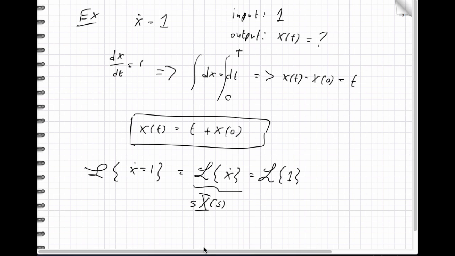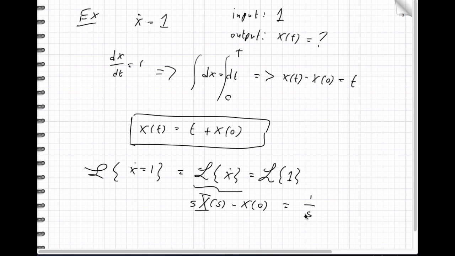And remember, when I do a Laplace, I always change lowercase letters to capital letters. And the s is because of the derivative. And then don't forget the initial condition, minus x naught. And then, of course, what's the Laplace transform of a constant? You should already know that, or look it up on the table or your notes. It's 1 over s.